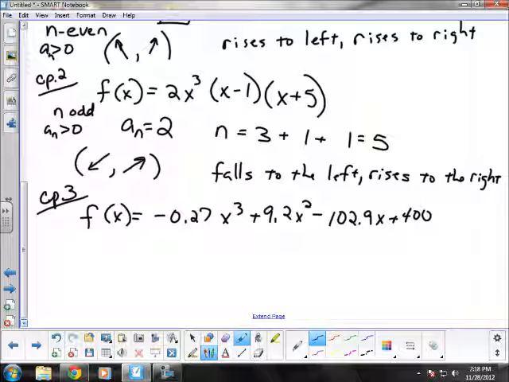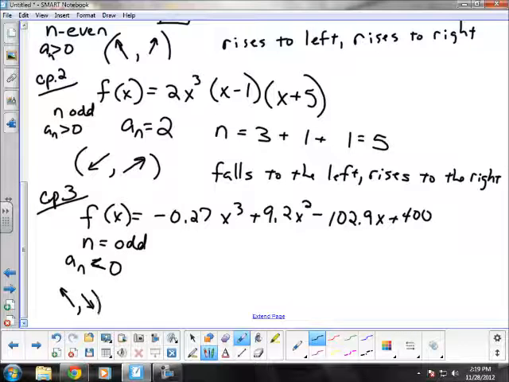But remember, what am I looking at? If I'm wanting the end behavior, I'm just looking at the leading term. So is this exponent even or odd? It's odd. And is my coefficient that goes with the highest exponent less than or greater than 0? Less than 0. So you look back at the little chart that I gave you, and you'll see that that means it rises to the left, falls to the right.